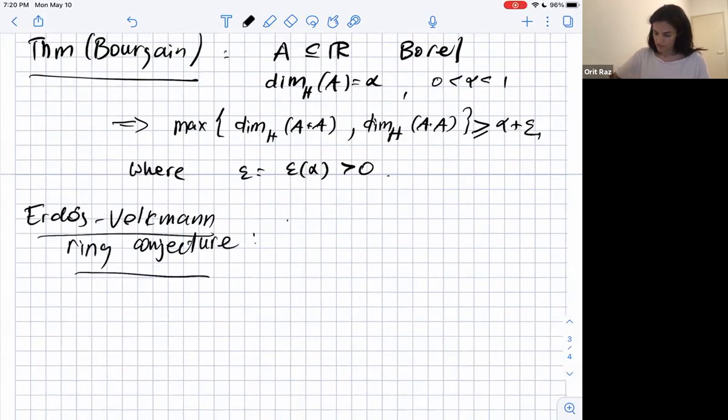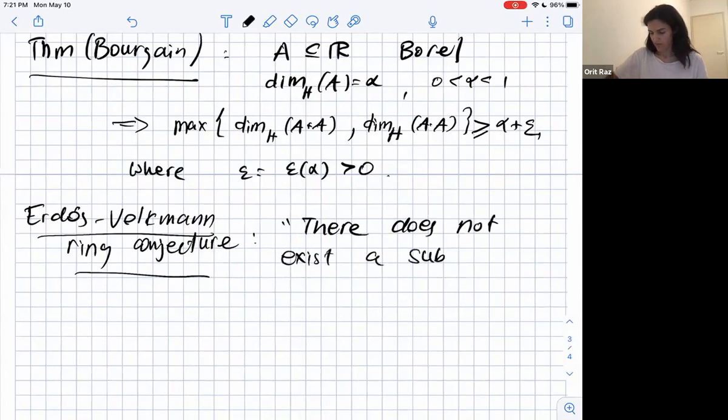So the ring conjecture says that there used to be a conjecture, now it is a theorem: there does not exist a subring of R with Hausdorff dimension strictly between 0 and 1.